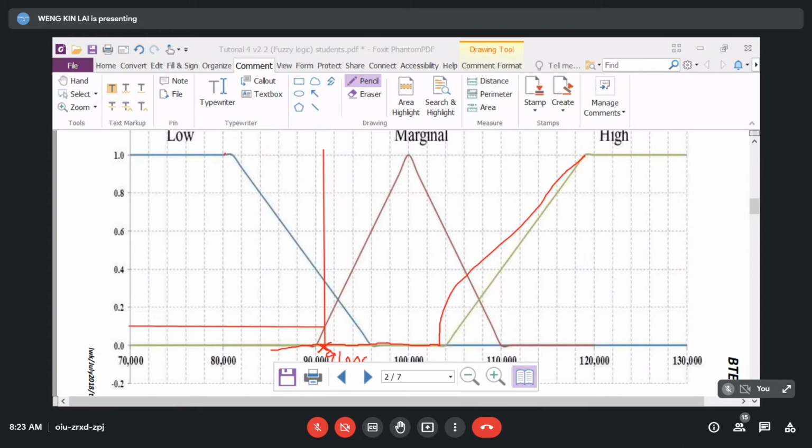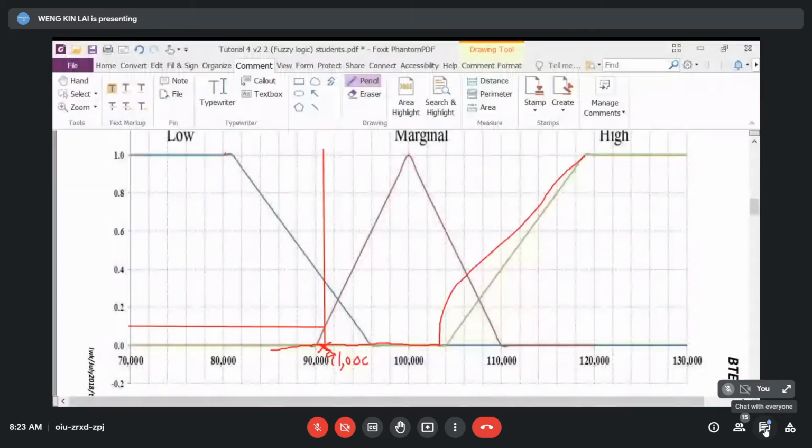Leong Ho. Okay, Maylin. What is my membership for X is marginal when X is 91,000? 0.1. Is that right? Let me check. Yeah, correct. So it's about 0.1. Okay, so far so good.